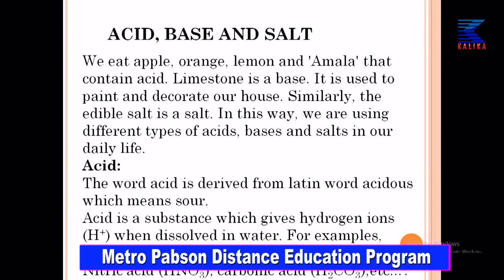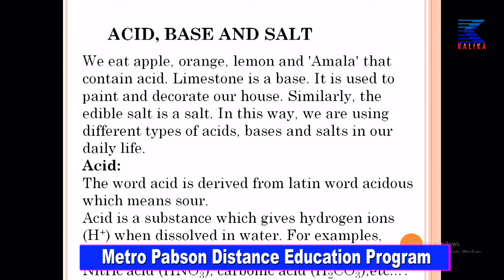Similarly, there is the Arrhenius concept of acid, and this concept defines acid as a substance which gives hydrogen ion when dissolved in water. That means a substance that contains acid, when dissolved in water, must give H plus ion, that is hydrogen ion. This is the basic characteristic of acid.